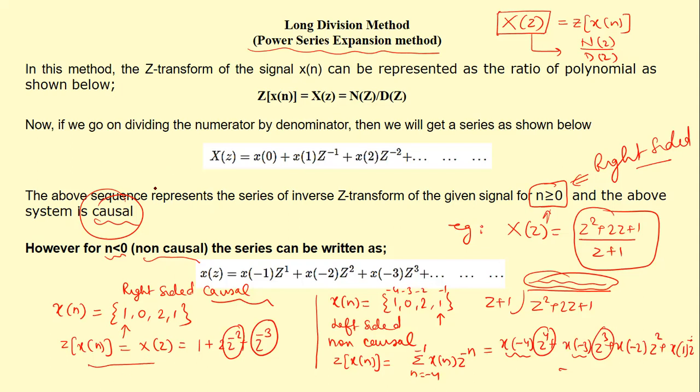So it means that when the ROC is z greater than some value a, this is a right sided causal sequence.